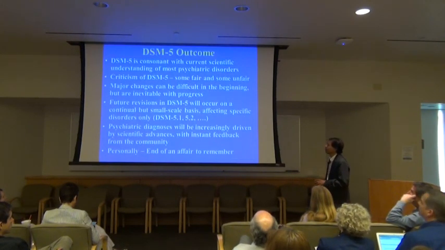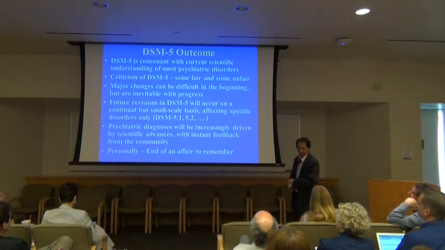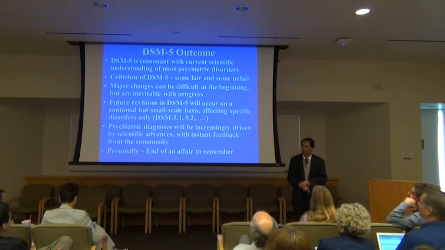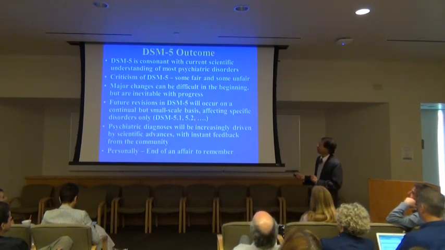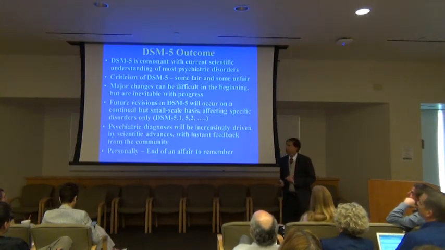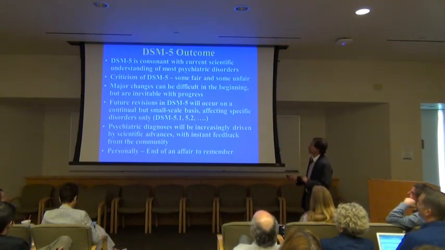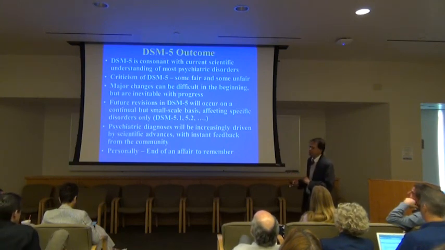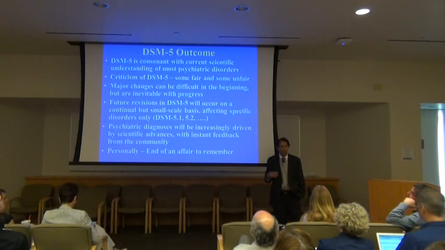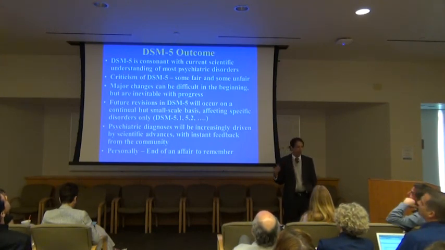So this is my last slide. I started out with all the problems that we faced, and I think largely DSM-5 is concerned with current scientific understanding of most psychiatric disorders. I think some of the criticism of DSM-5 is fair because many of these are subjective judgments on the part of experts.